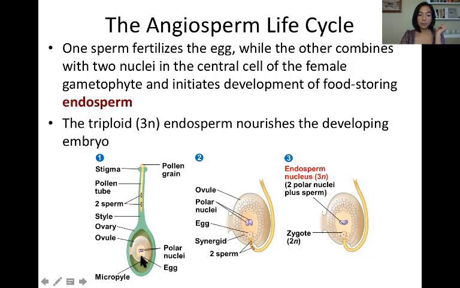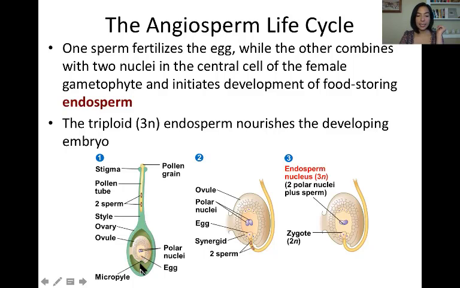In the ovule, we have the integuments. Remember, the integument is the structure that is going to differentiate later into the seed coat, and that will confer protection to the seed. So this ovule is just an unfertilized seed, if you want to say it that way.